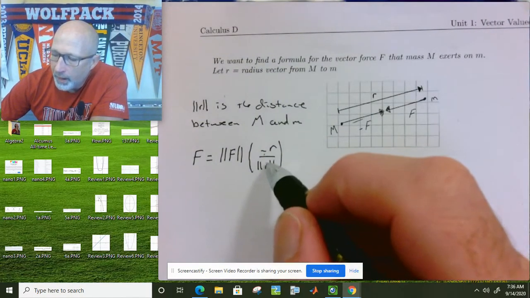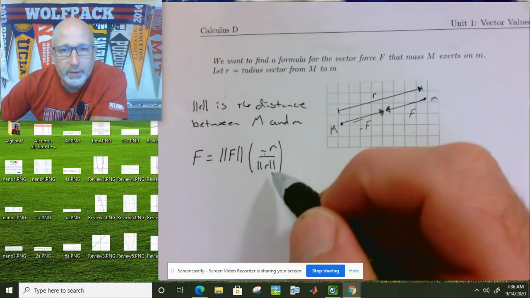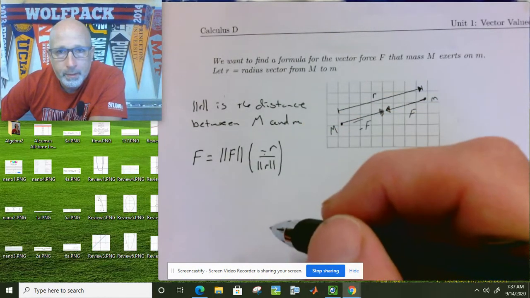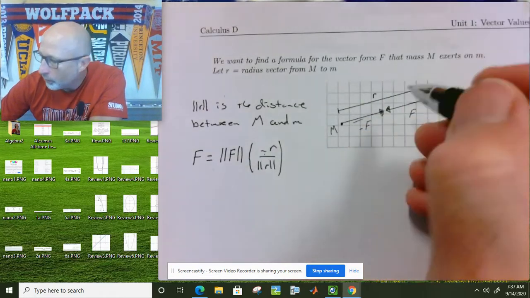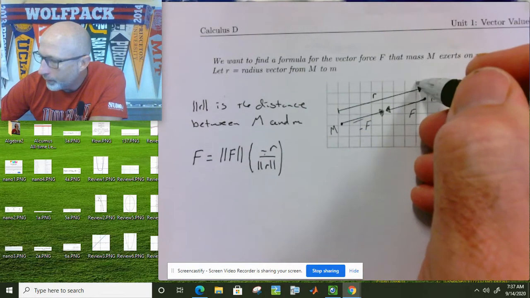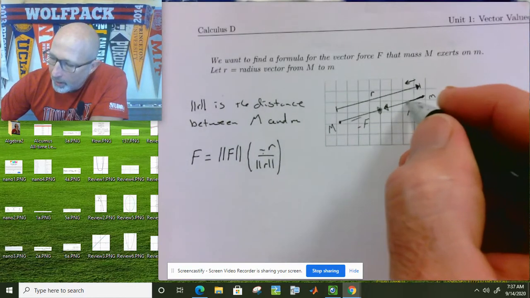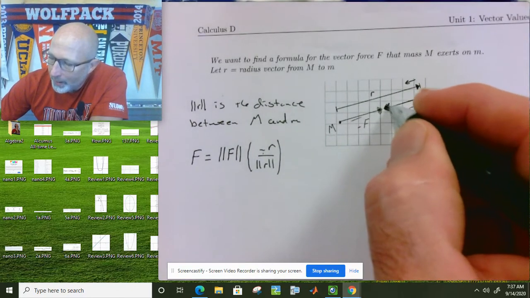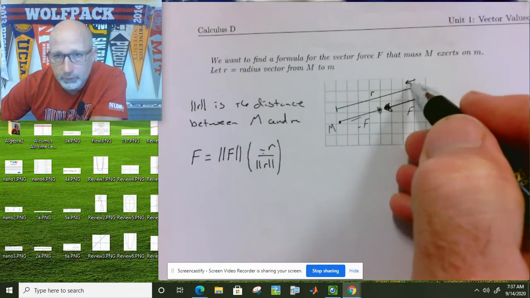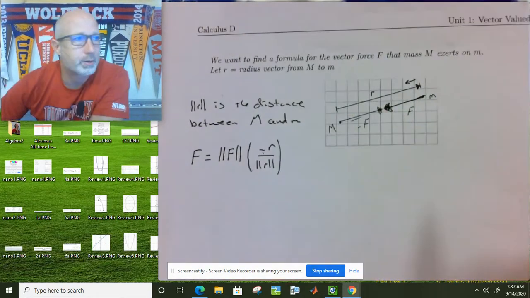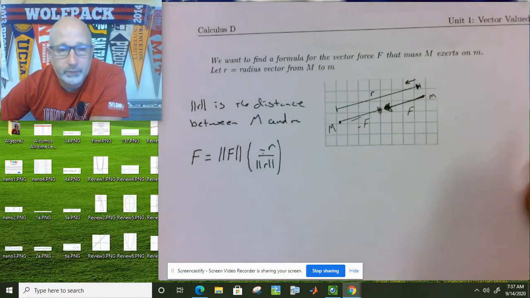When I divide by the magnitude of it, it turns it into a unit vector, so it's a length of 1. So this right here has a length of 1, and maybe that's only this little portion there. But if I want it to be the vector F, I take that direction and simply multiply it by how big that capital F is. So that's all I'm going to do.